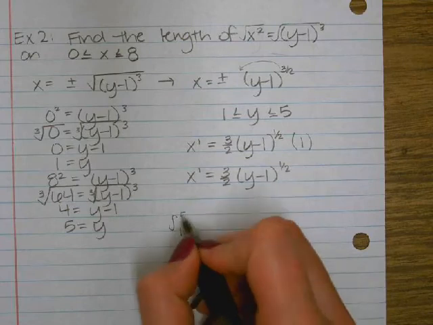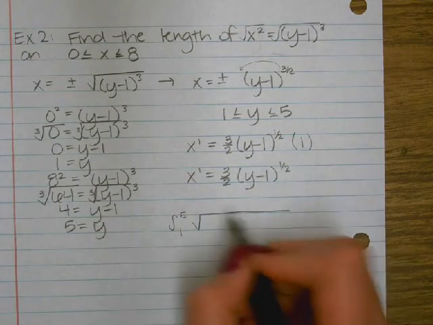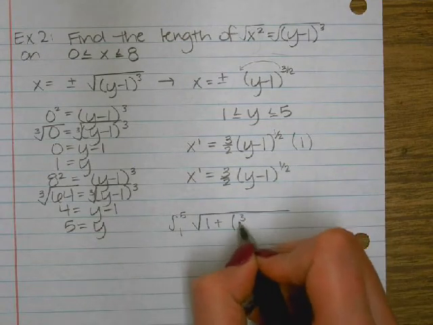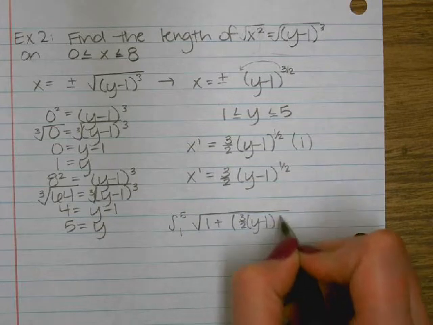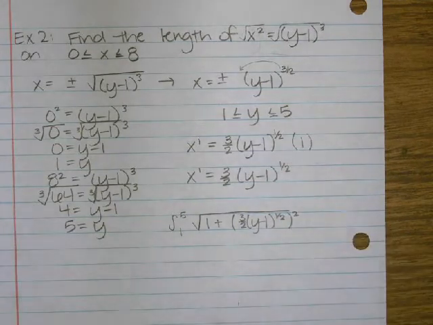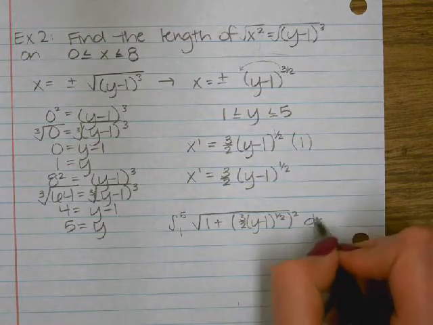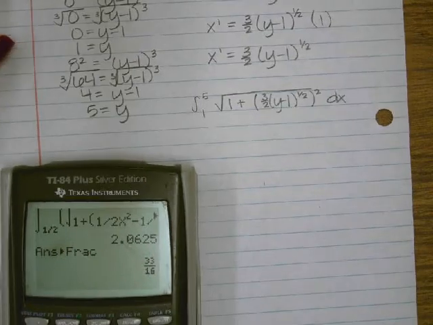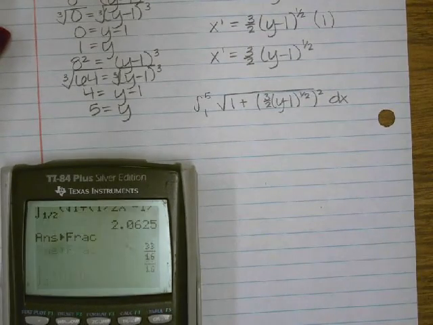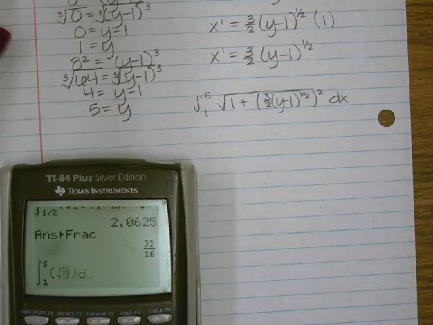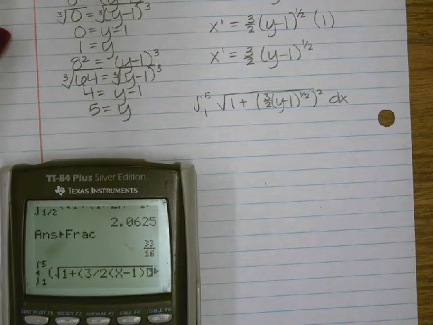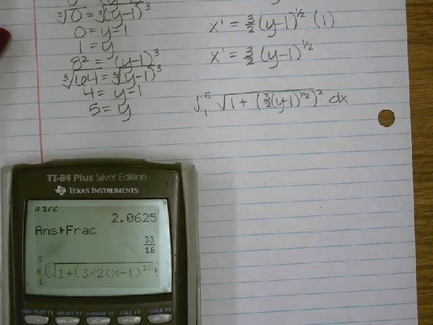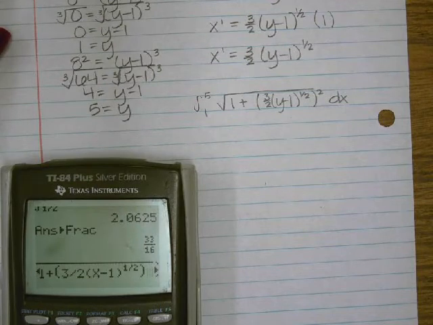So now we'll go ahead and find our integral. We're evaluating it from 1 to 5. We're going to integrate the square root of 1 plus 3/2 times (y minus 1) to the 1/2, and then that is going to be squared, from 1 to 5.